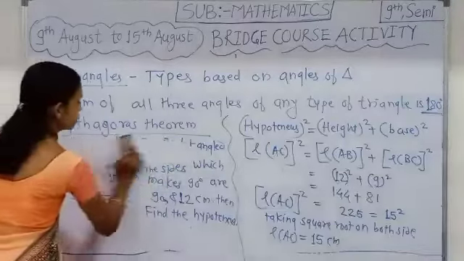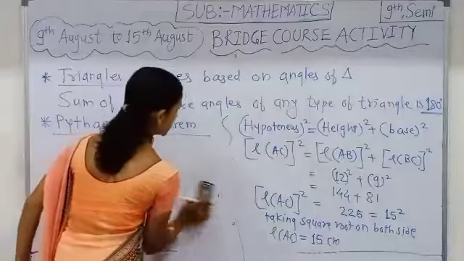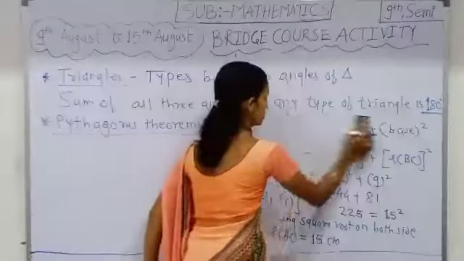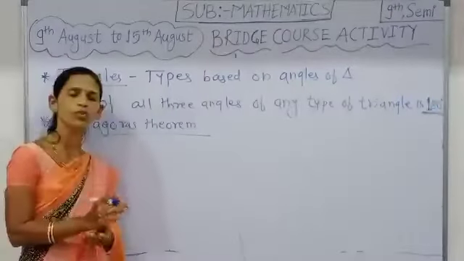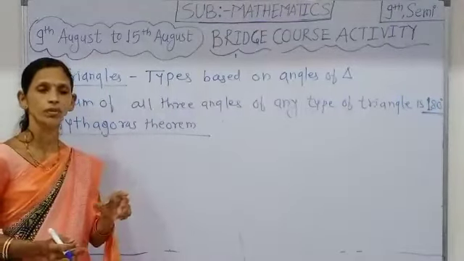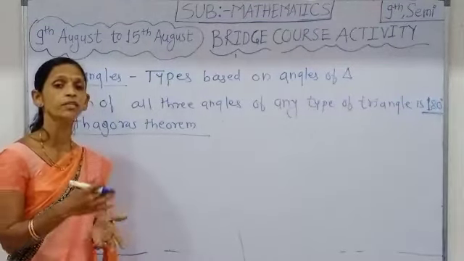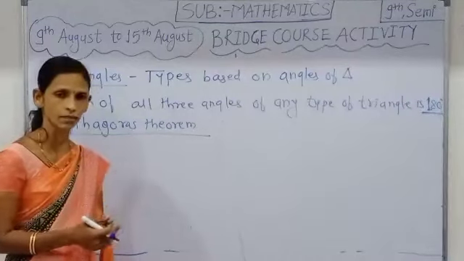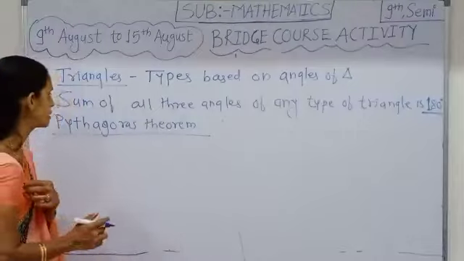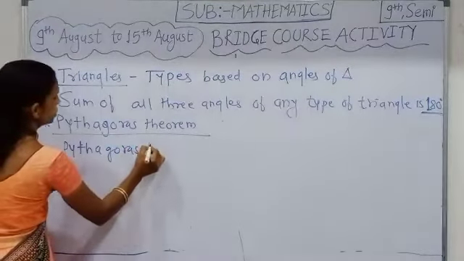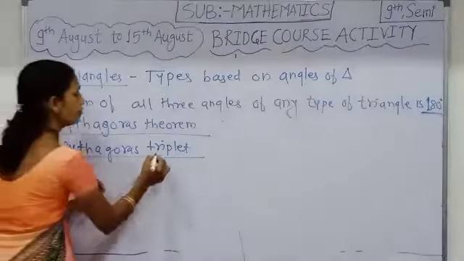Using the Pythagoras theorem, we can solve this type of examples from the exercise. There are sets of 3 numbers in which, if the square of the biggest number is the sum of the squares of the remaining 2 numbers, then that set of 3 numbers is called a Pythagoras triplet. Then what does Pythagoras triplet mean?